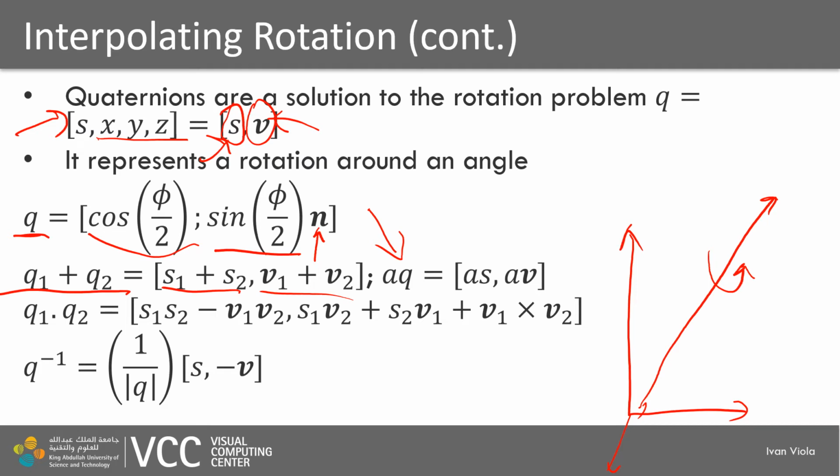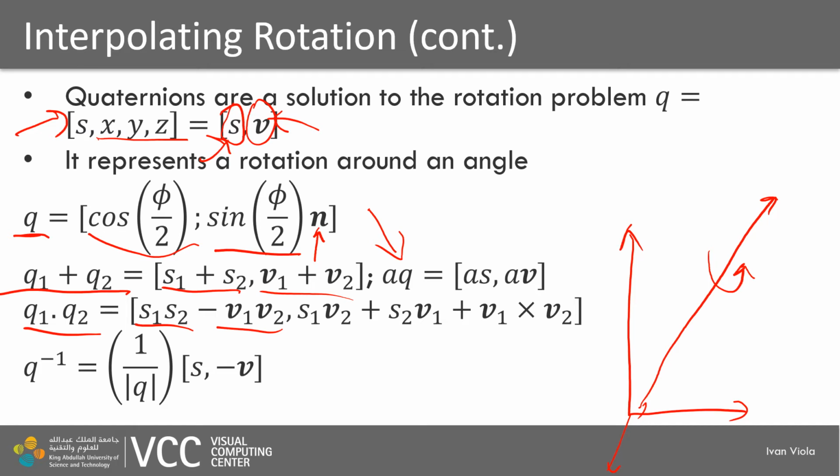The representation of multiplication, however, is a little bit more involved. It includes the dot product between the two vectors, somehow subtracted from the scalar multiplication.